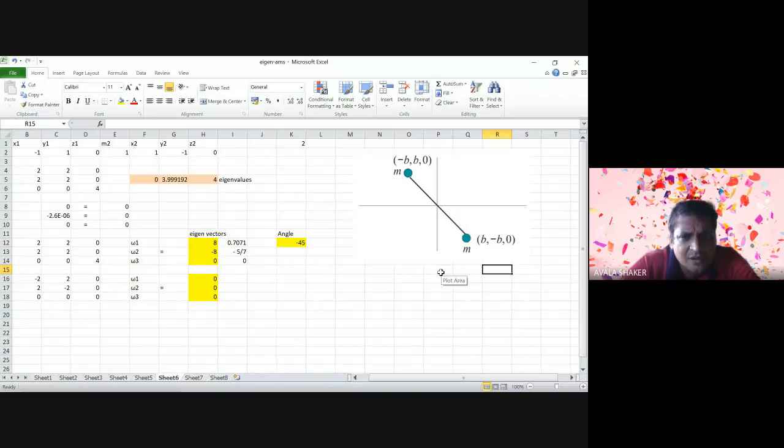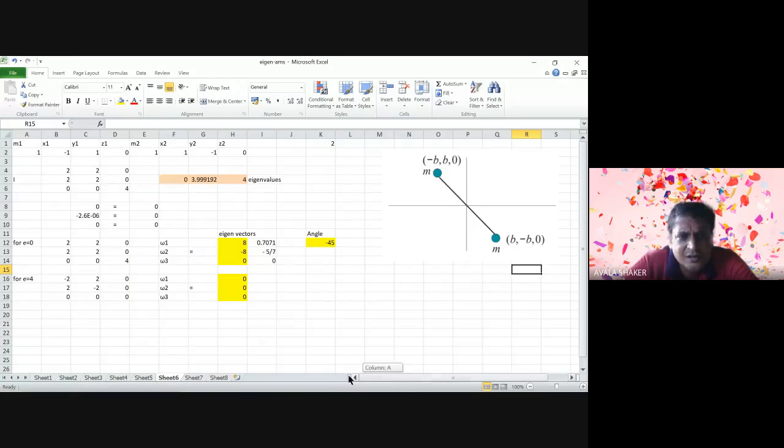Okay, this problem is again a dumbbell problem. This dumbbell is lying in the XY plane, so the coordinates we can take as -1, 1, 0. So the z-axis is 0 here. And we can take the mass as 1. On the same lines, we construct m1, m2.